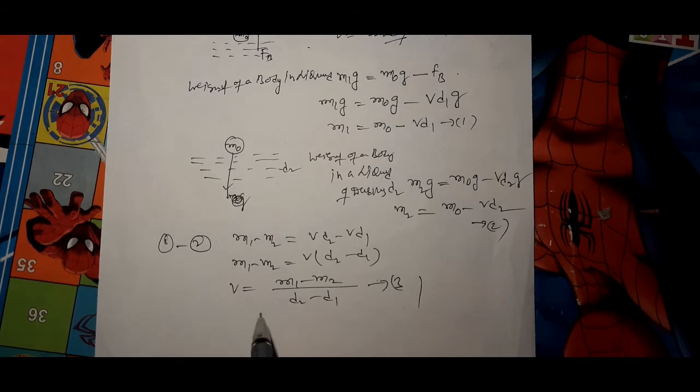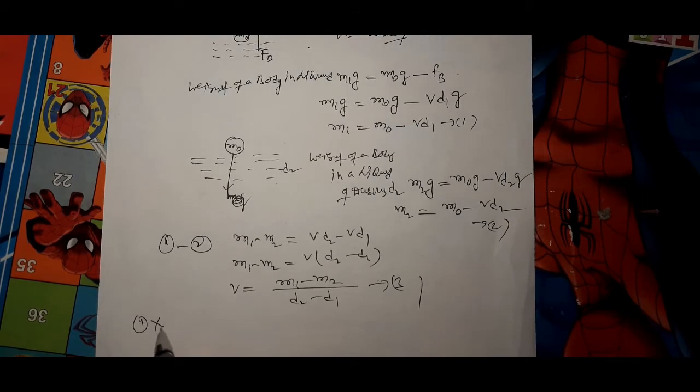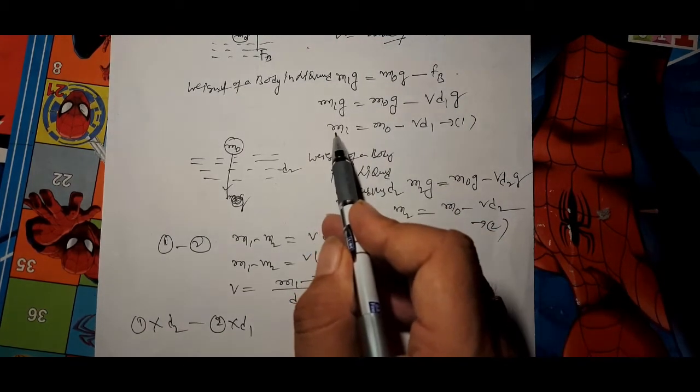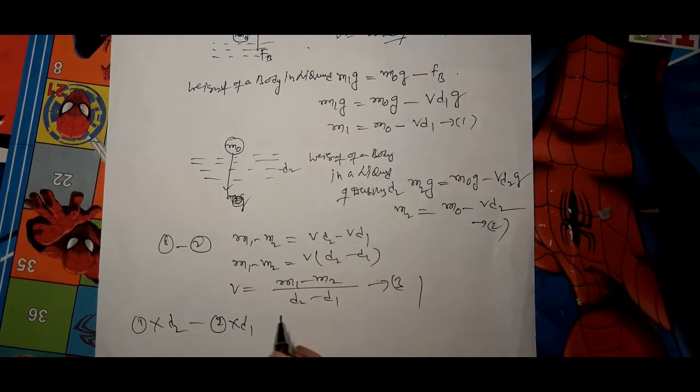Now we find the mass. Take equation 1 into d2 minus equation 2 into d1. Equation 1 should be multiplied with d2.